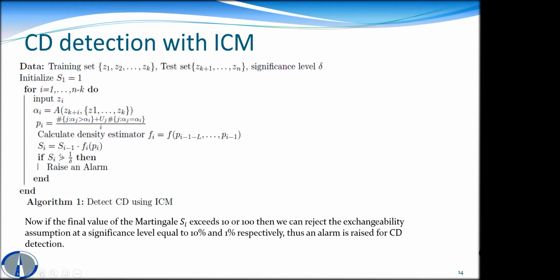If the value of the martingale is greater than 1 over delta, then we raise an alarm and we have a concept drift detection, and we have to retrain our algorithm to gain accuracy. For example, if the value of Si is equal to 10 or 100, then we can reject the exchangeability assumption at a significance level equal to 10% and 1% respectively.